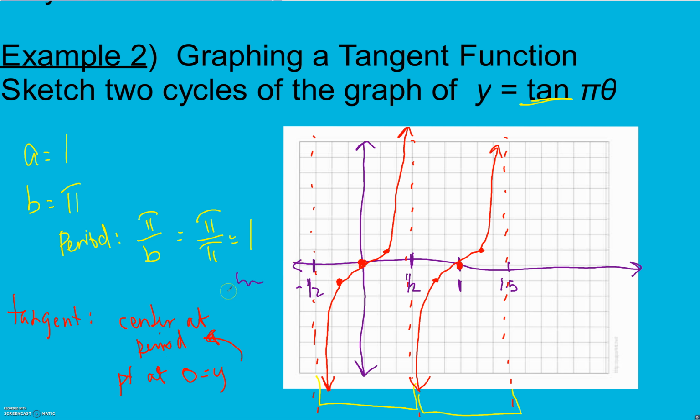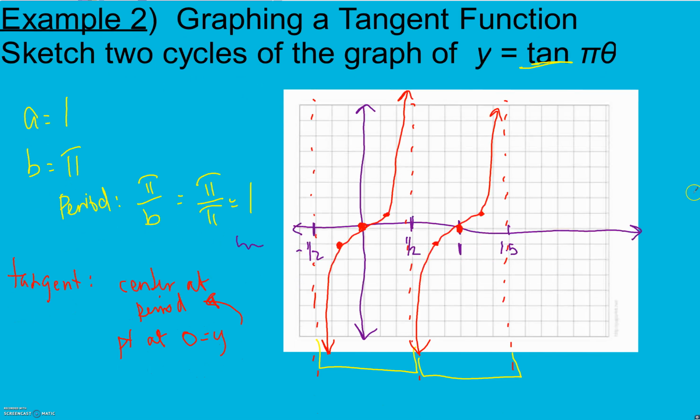And then halfway in between the asymptote and y equals 0, we have a point at negative 1 or 1. Negative 1 on the negative side, positive 1 on the positive side. So this right here is like the version of 2 pi, kind of, when you do 2 of them. Tangent's a little bit weird in that the period is only 1, but a lot of things are similar in that it just keeps repeating.